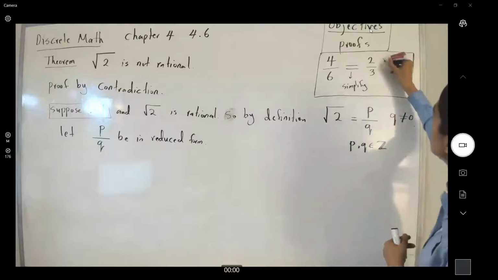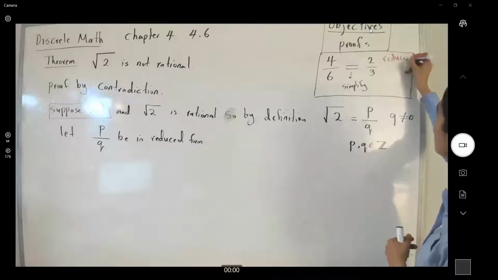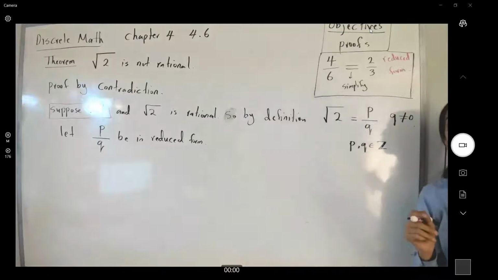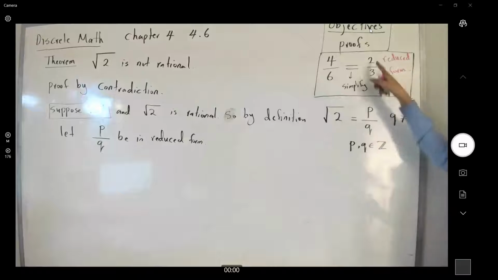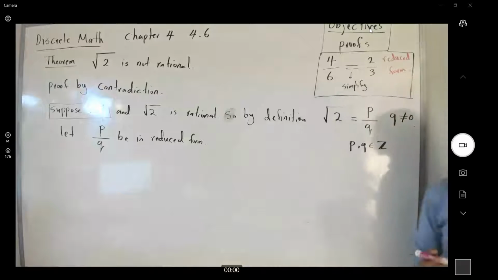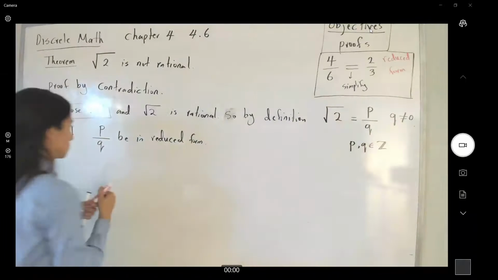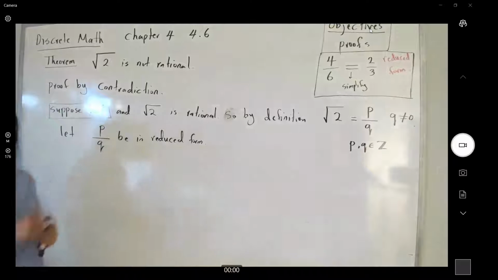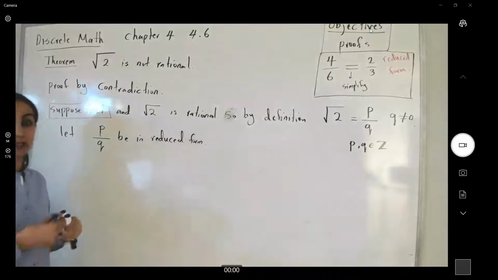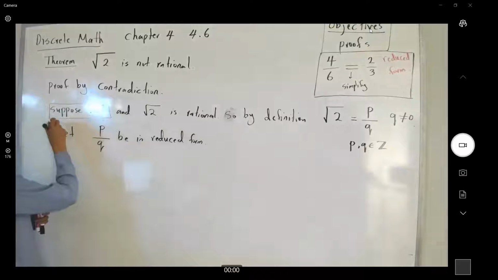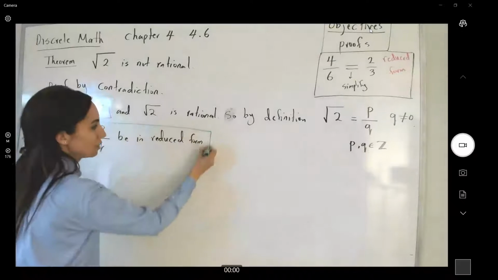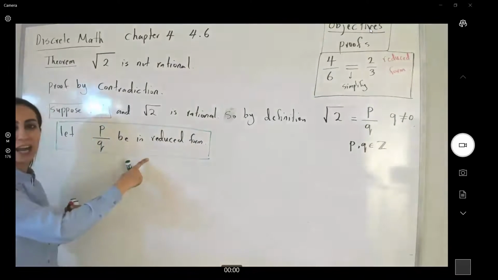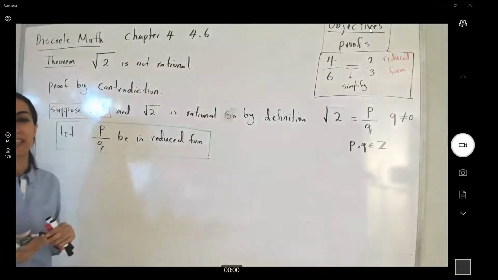So this is reduced form. There is no common factor between P and Q. This is important. So I'm going to put this one in another box. This helps me to prove this statement.